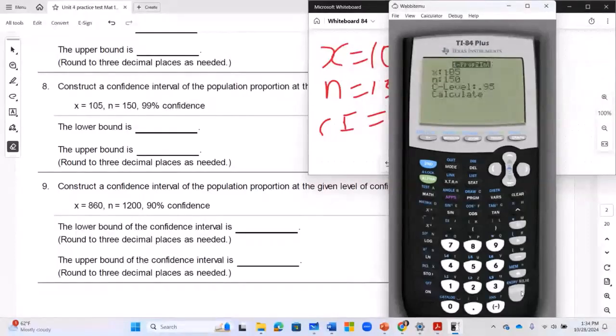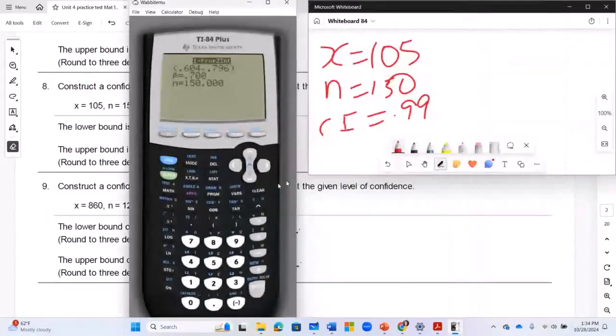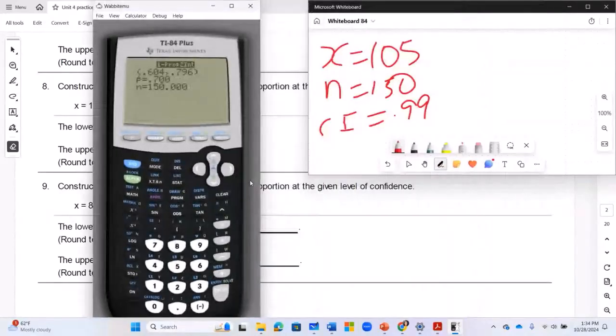And X is 105. The sample size is 150. The confidence interval is 0.99. And then I calculate.